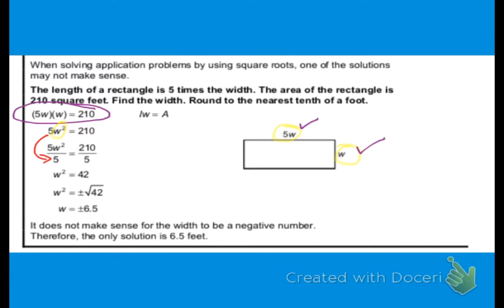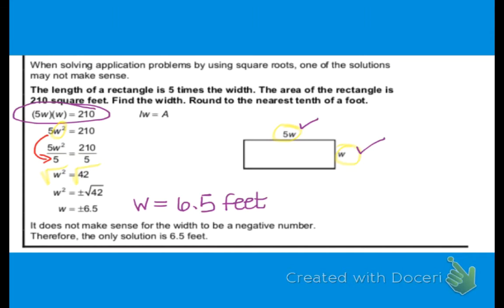And then, when they did that, they got w squared is 42. 42 is not a perfect square, so they went ahead and took the square root of both sides, and when they approximated that using a calculator, they got about 6.5, and this time that negative solution really doesn't make sense, so we're just going to go with w being 6.5, and the unit on this is feet.